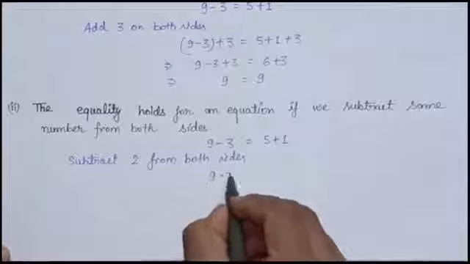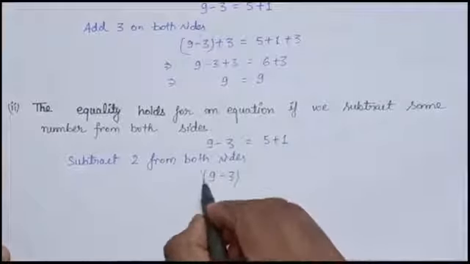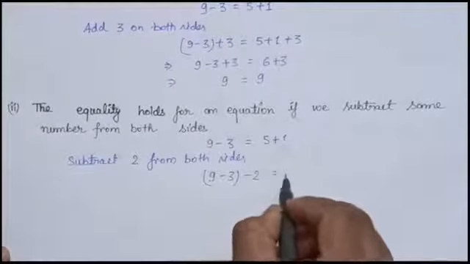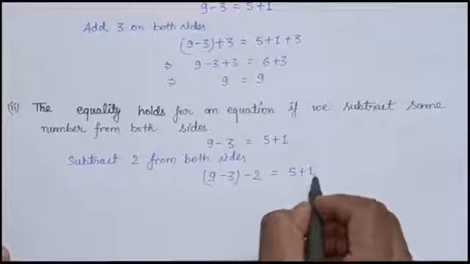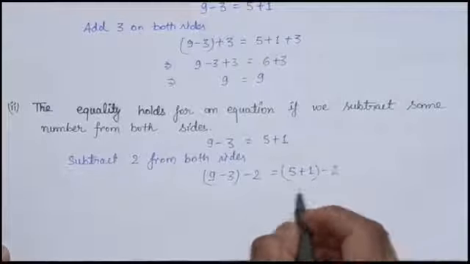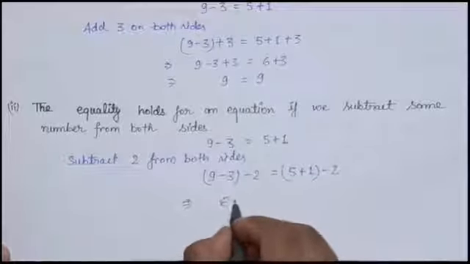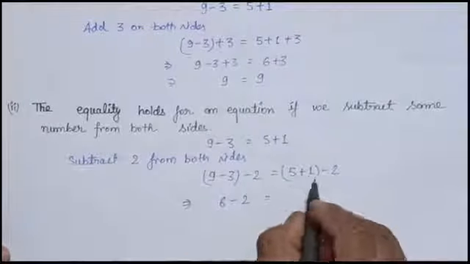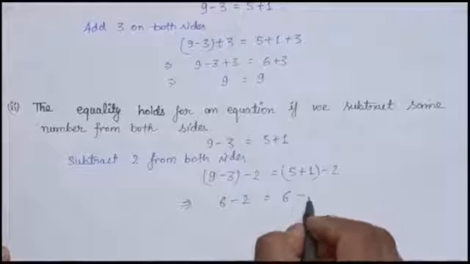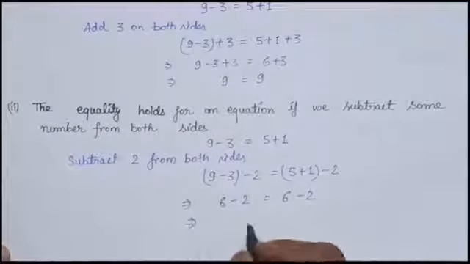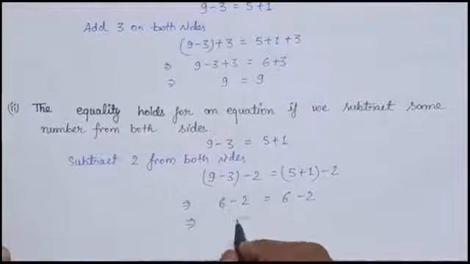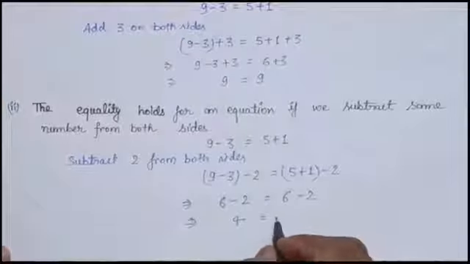So 9 minus 3 minus 2 is equal to 5 plus 1 minus 2. Now 9 minus 3 is 6, 6 minus 2, is equal to 5 plus 1 is 6, 6 minus 2. Here you can see that 6 minus 2 is 4, and here also 6 minus 2 is 4.